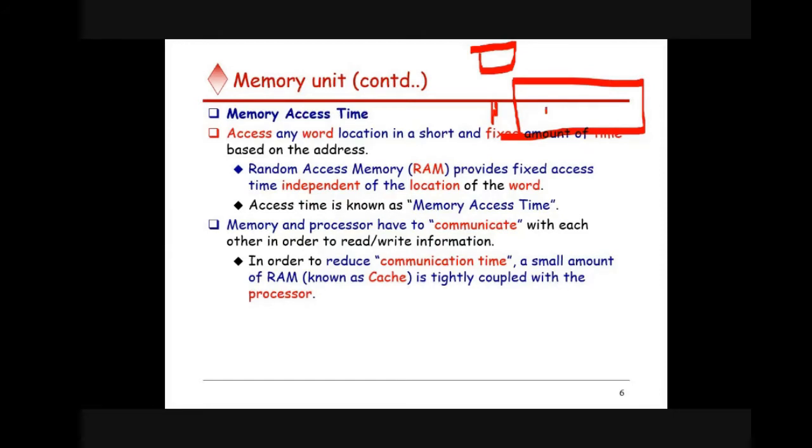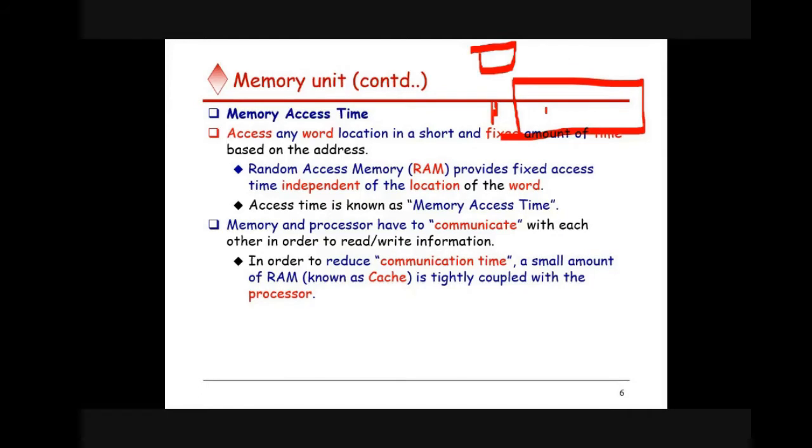Very good, registers. Also, we can call it cache memory. We will study cache memory in detail. Cache memory is also present inside your processor. That cache memory or the registers are very near to your processor or ALU.